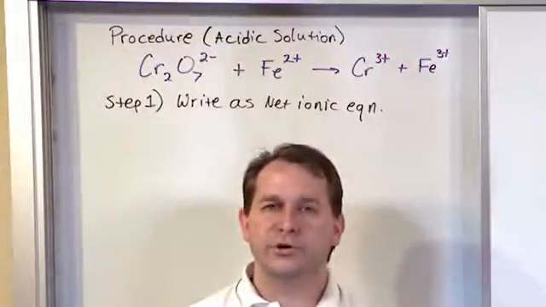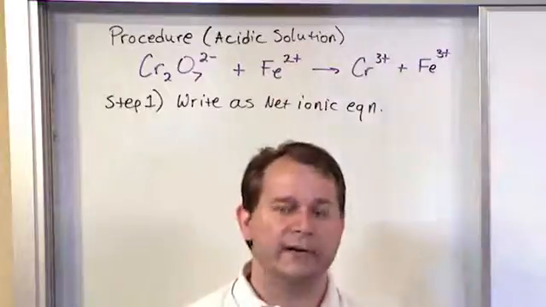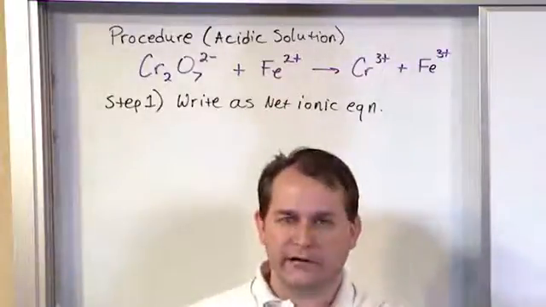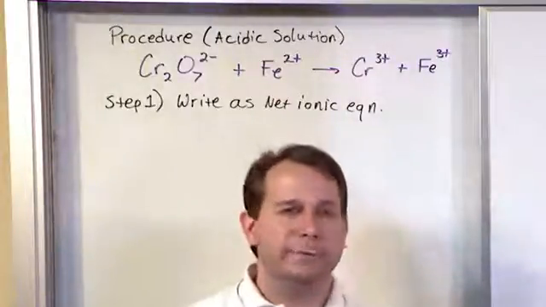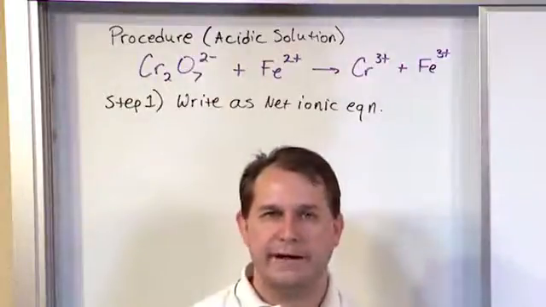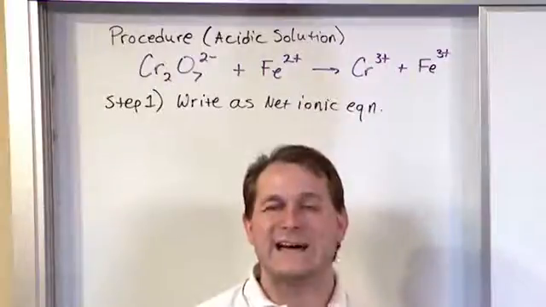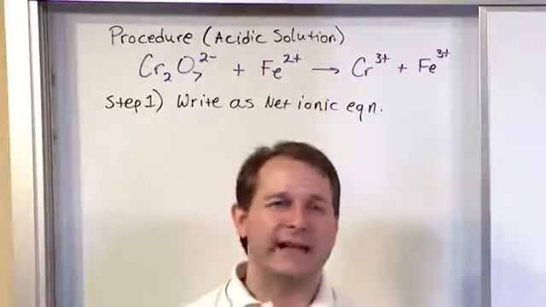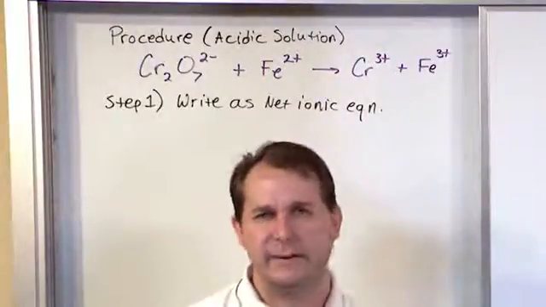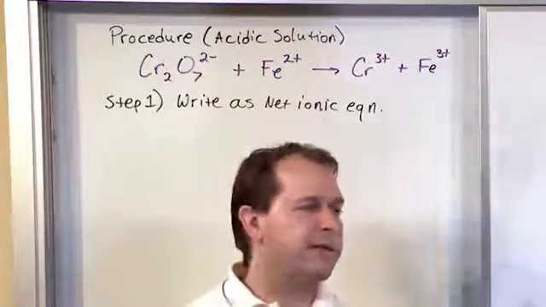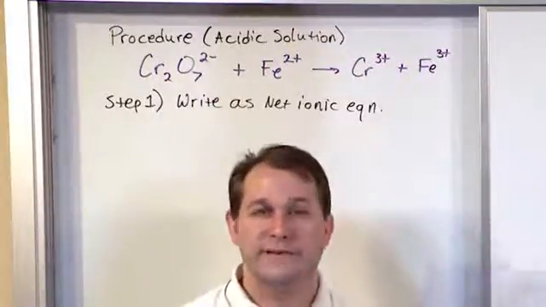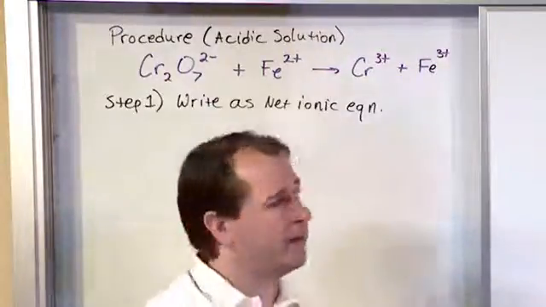So what you have when you have net ionic equations is you write the full equation out, and then you cancel all those spectator ions because they're not participating, and what you have left, which is in this case what we have on the board, is the net ionic equation. It's basically everything left over that's actually participating in the reaction. So we've covered net ionic equations before in previous sections. Make sure you understand what that concept is.